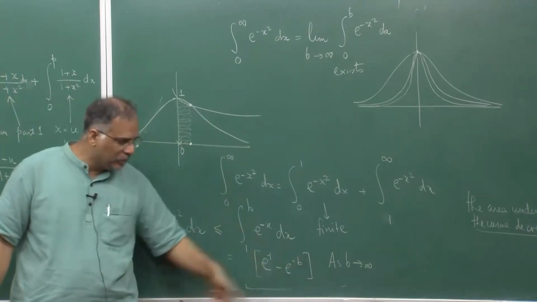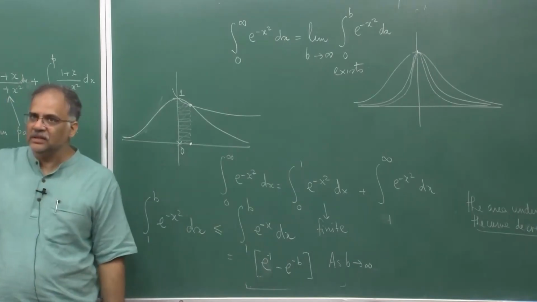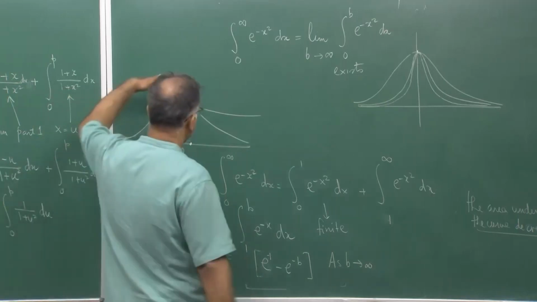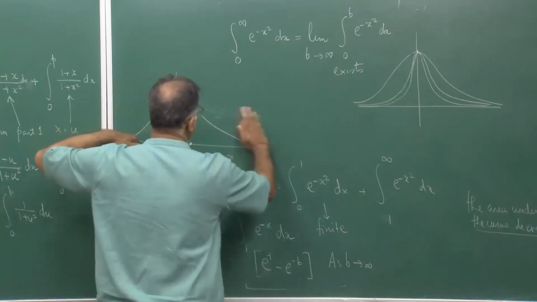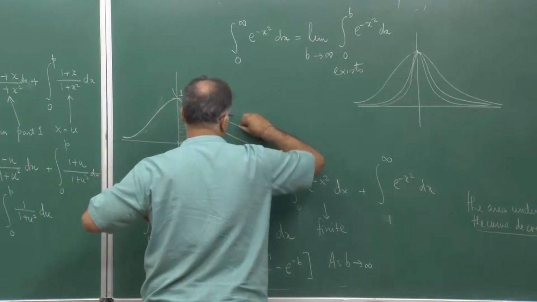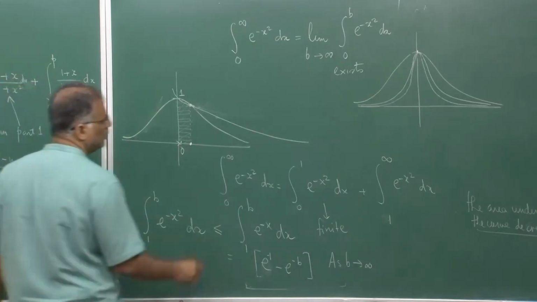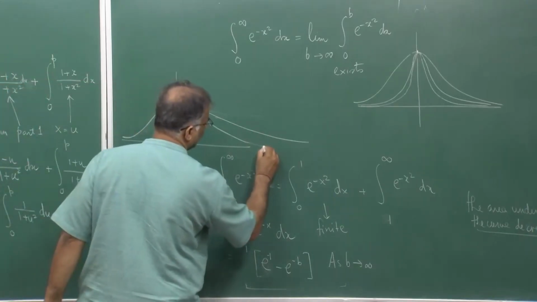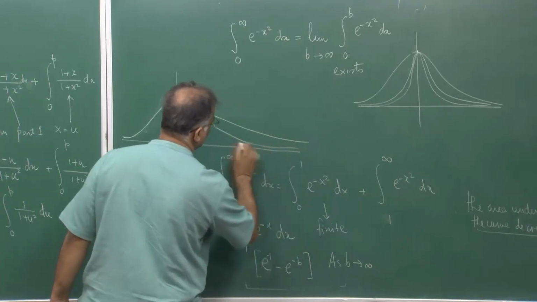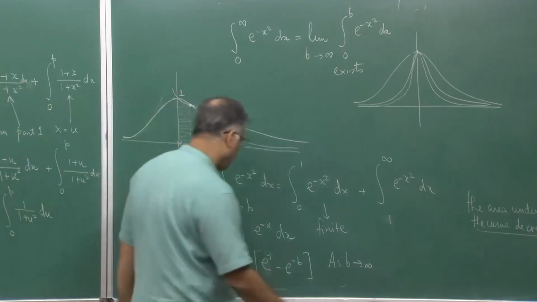Here, as b tends to infinity, e to the power minus x goes towards 0. This is a graph actually, and I think the graph should come like this. All this is also going down, but it is going towards 0 much faster. So, what would happen?